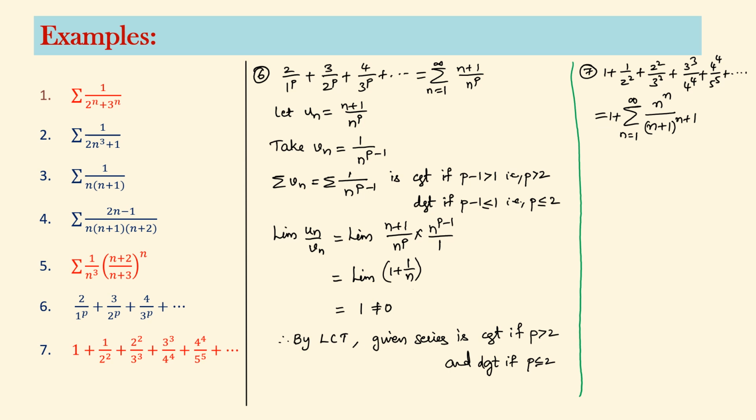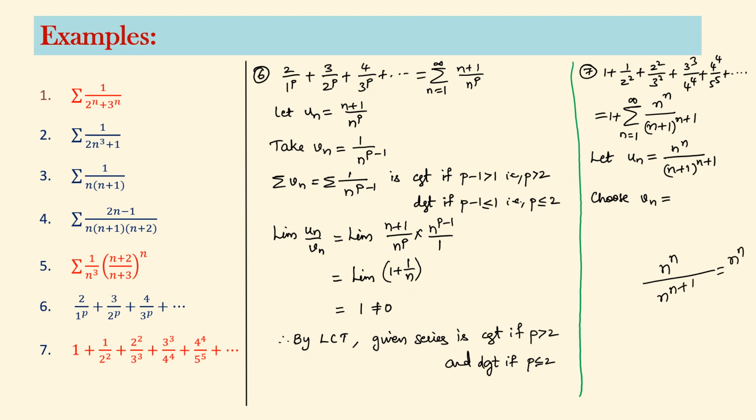So here let un be equal to n power n by n plus 1 power n plus 1. So what will be our Vn now? Take Vn as the highest power of n in the numerator, which is n power n, over the highest power of n in the denominator, which is n power n plus 1.